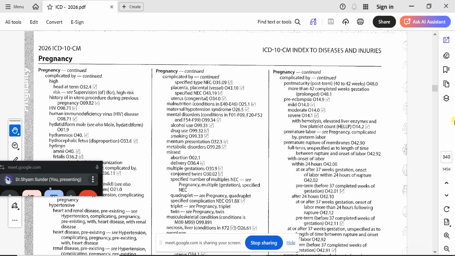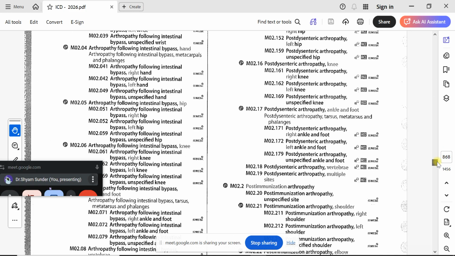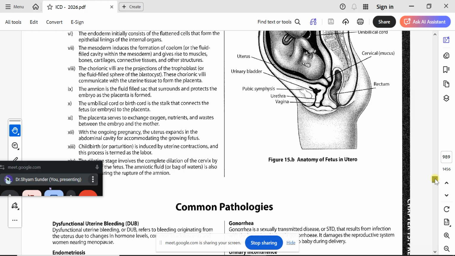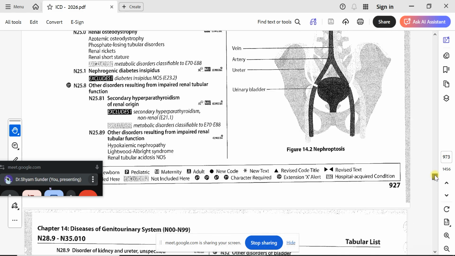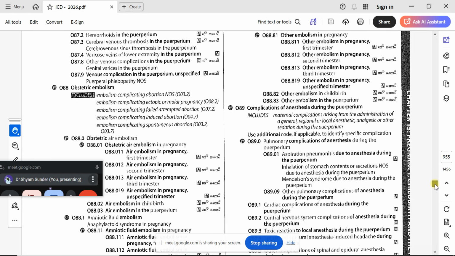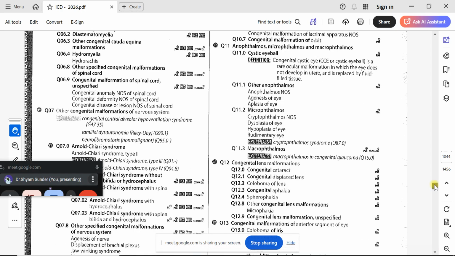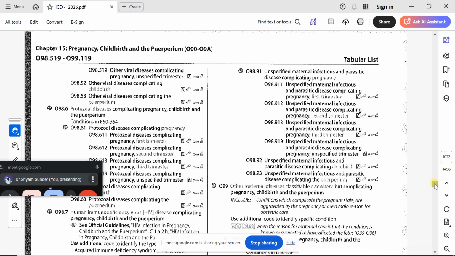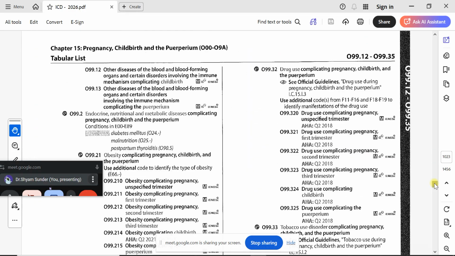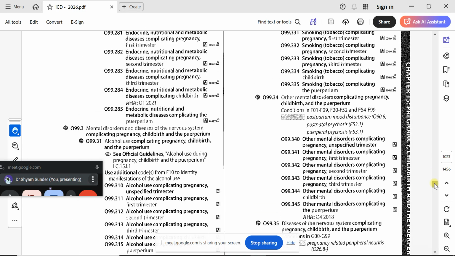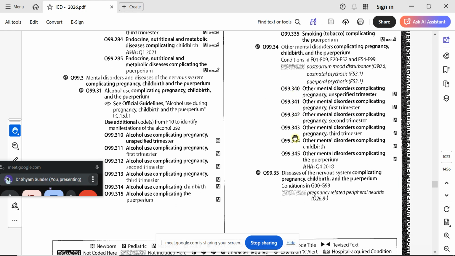Now this is your first code, if the patient is within 6 weeks after delivery, that is important. Other mental disorders complicating pregnancy, childbirth, puerperium, and this is the classification.